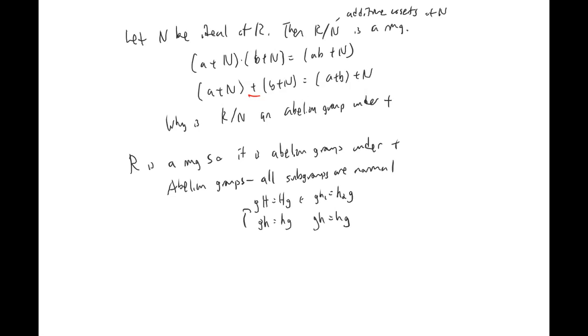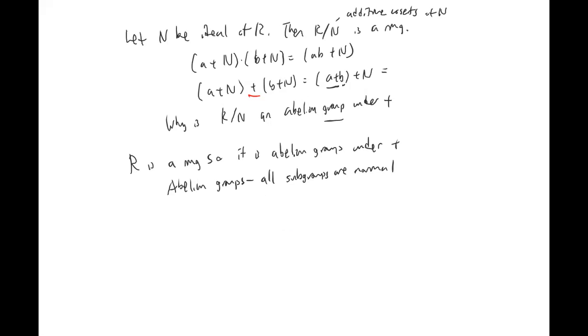So is everyone clear on this? You see N is a normal subgroup because by definition of a ring, it's an abelian group under plus. So the fact that it's a group is clear, and it's abelian based on how we defined it. This is just adding in the ring.